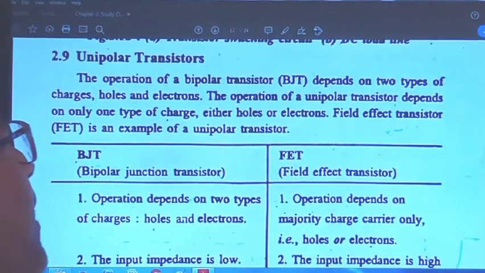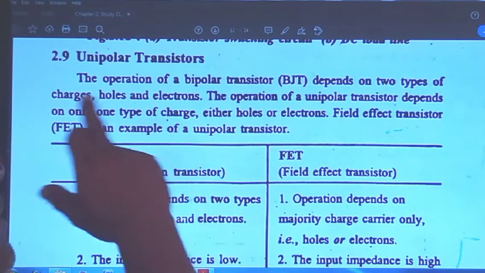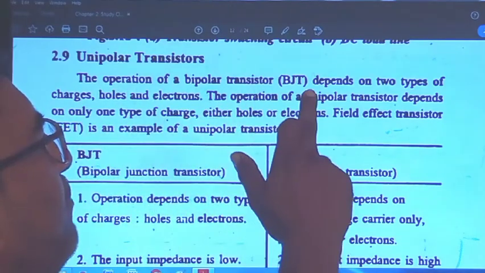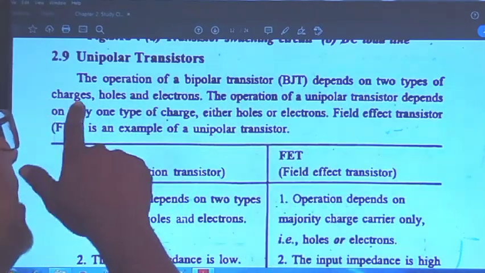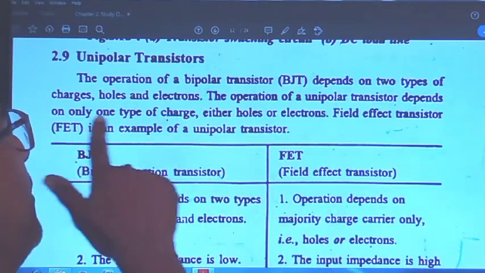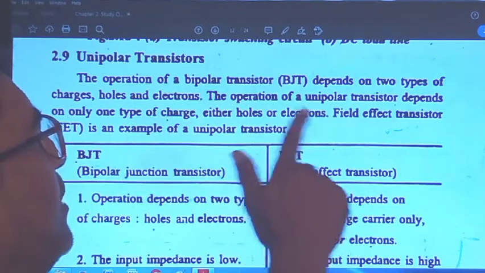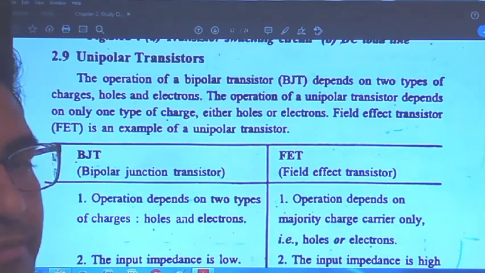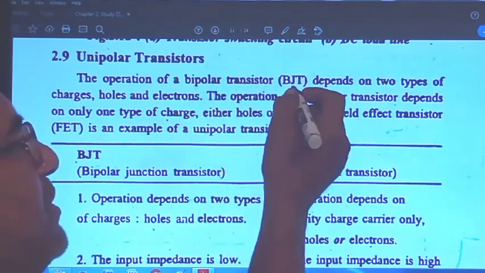Okay, the next part is the unipolar transistor. The operation of the bipolar BJT depends on two types of charges, holes and electrons. The operation of the unipolar transistor depends on only one type of charge, either holes or electrons. Okay, BJT is a bipolar junction transistor.